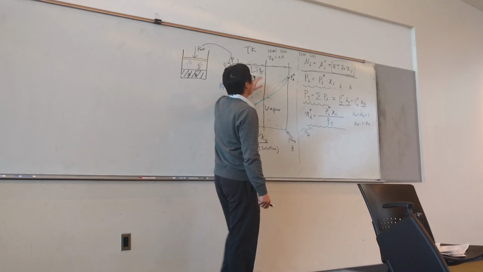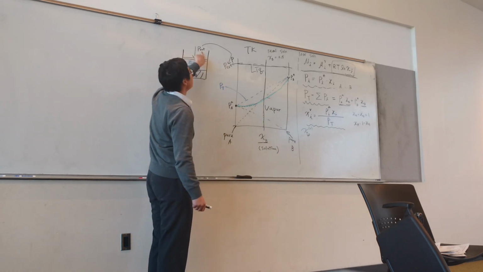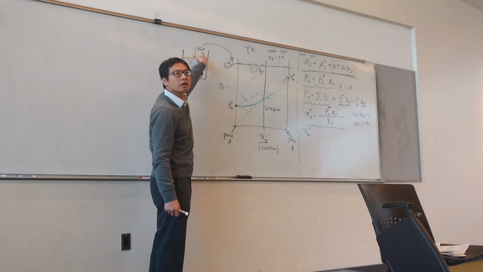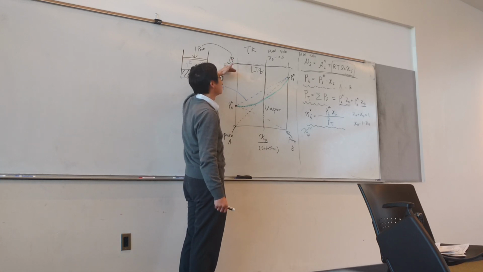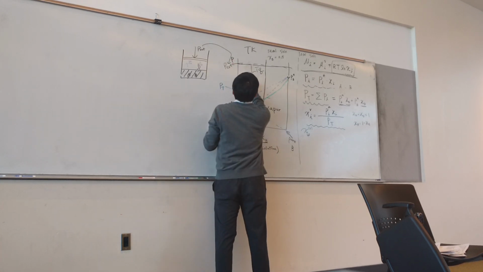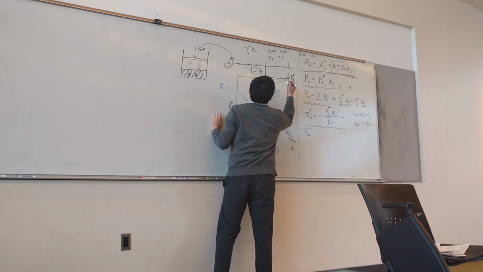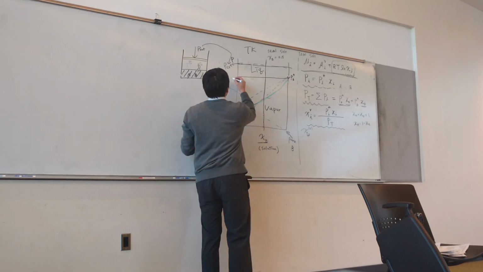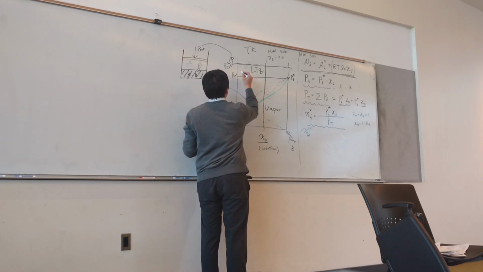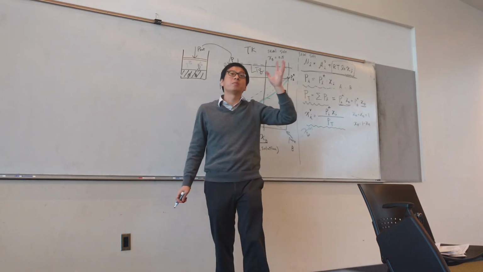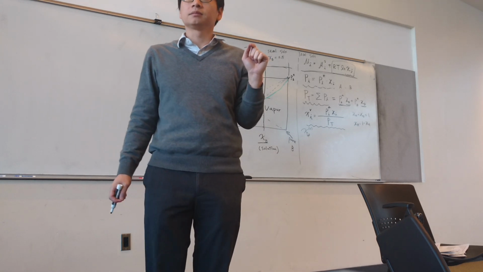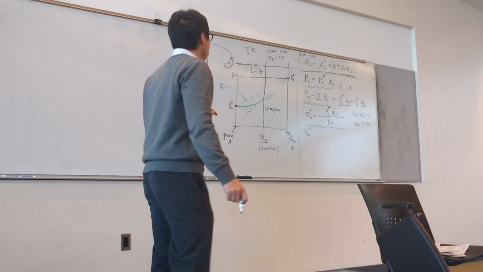But you can change this P external. If I lower the P external slowly to this point, this is your P external now. Now your B is going to start to evaporate into your system.